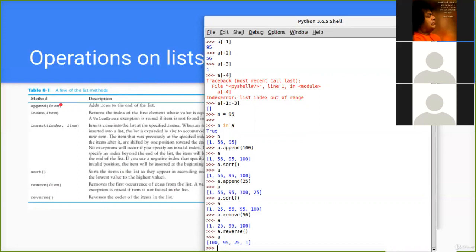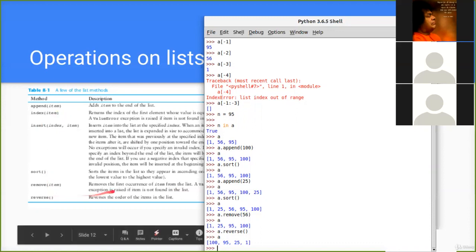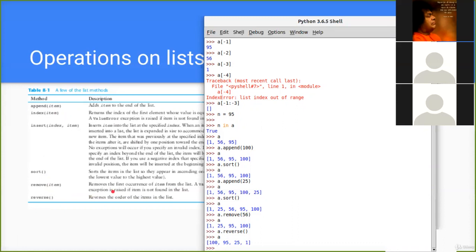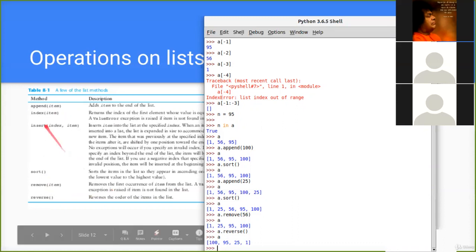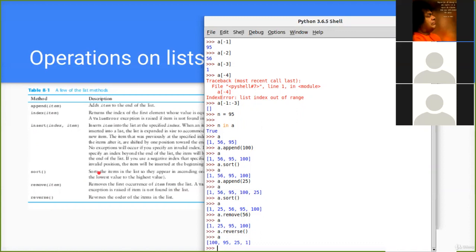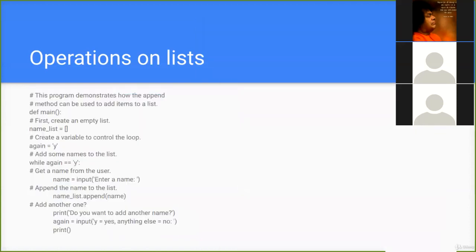Append in basic English would mean to add something. Index would mean to return the index, insert, sort, remove, reverse. All these are basic English words that you can understand, but you need to know these operations in order to change your list.